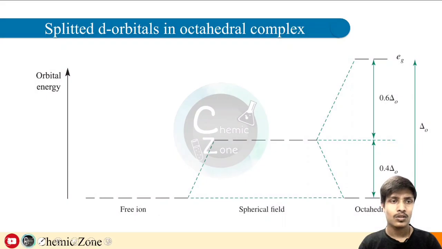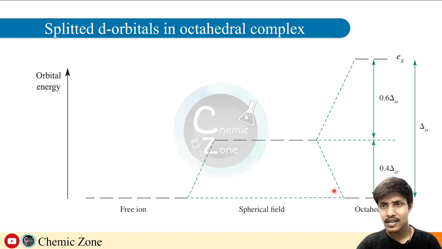Here are the split d orbitals in an octahedral complex. When there are no ligands and only the free metal ion is present, all the d orbitals are degenerate, that is, they have the same energy. As the ligands come close to the metal ion, all the d orbitals increase their energy to an equal extent, but when the ligands are present at each face center of the cube, the orbitals split into two energy levels.